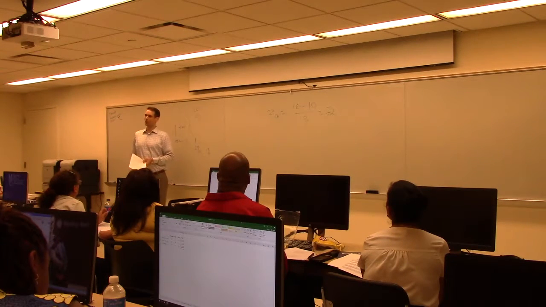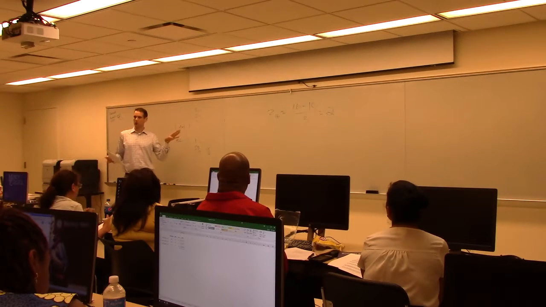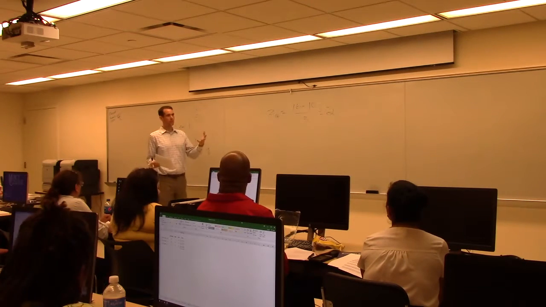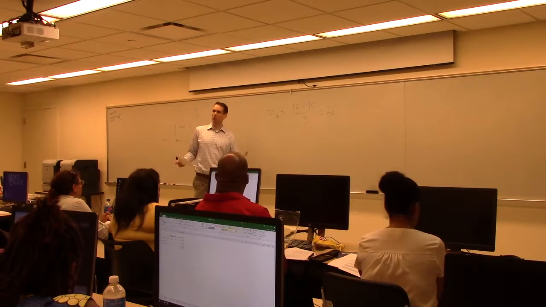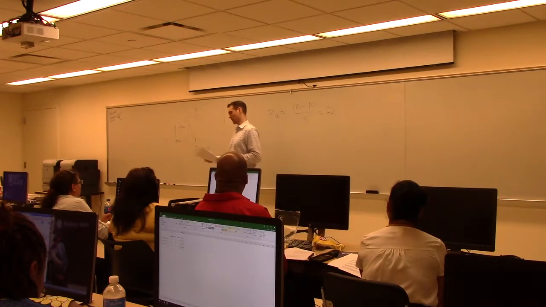The reason that's important is because we can define percentages on the standard deviation. We can tell you what percentage of people were less than you on that standard normal distribution.